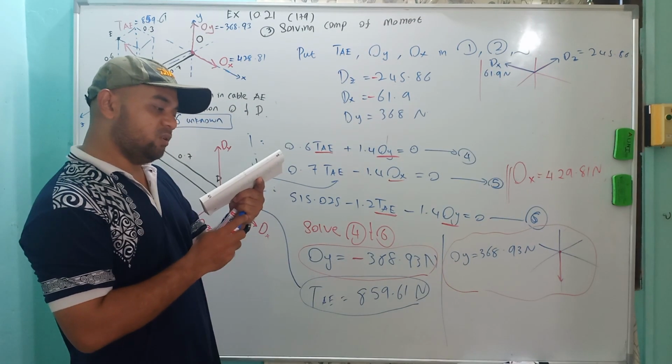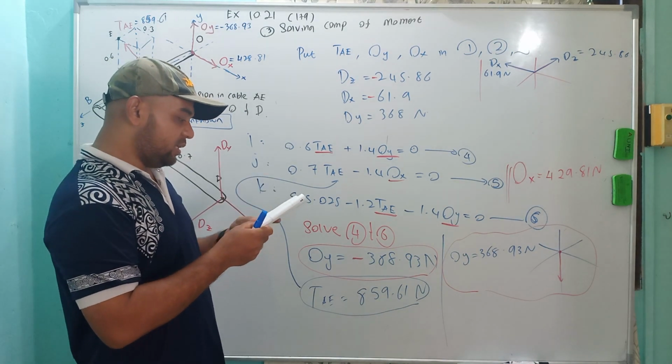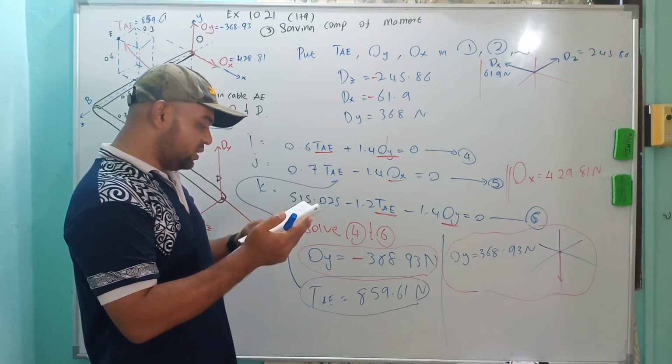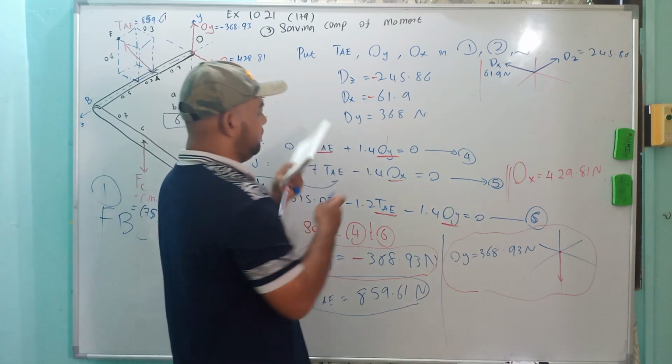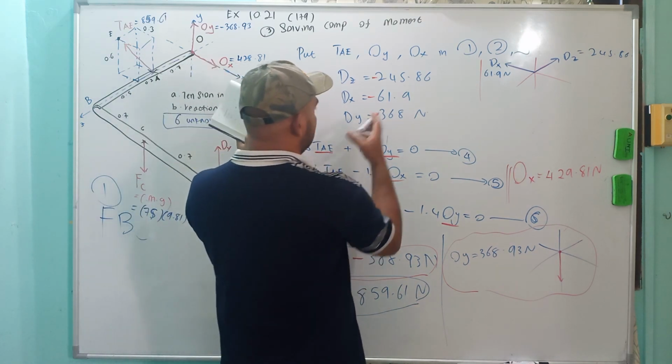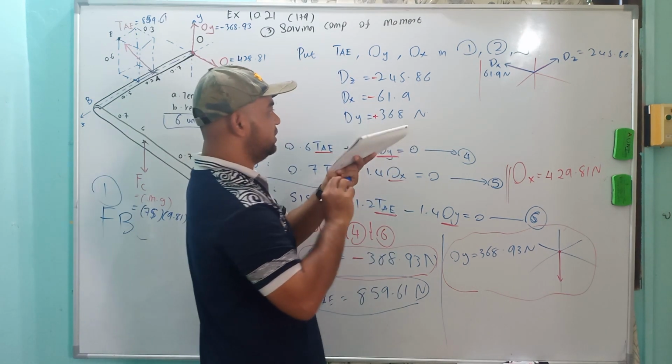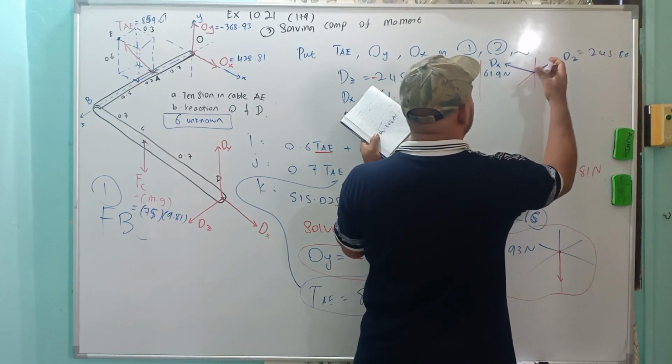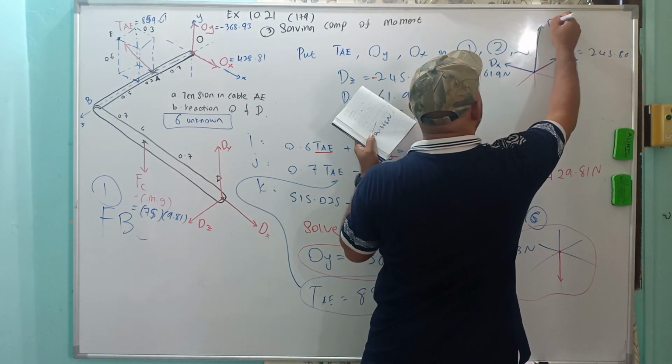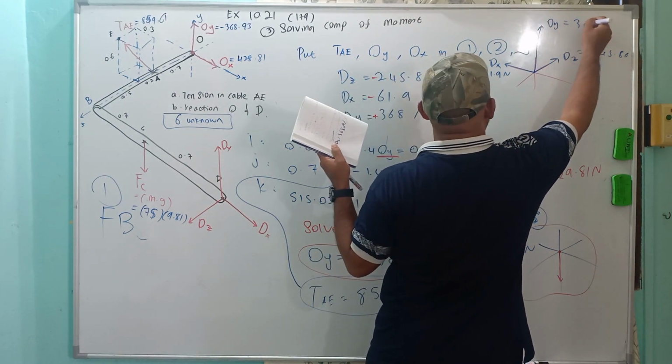And lastly, you calculate again, you get the dy, which is directly positive here, so dy is equal to 368.